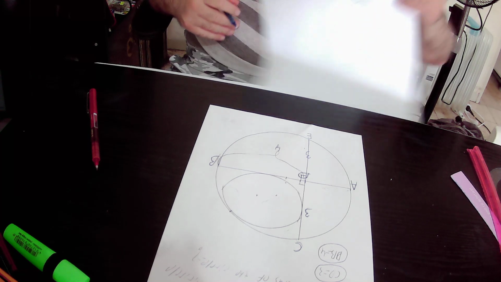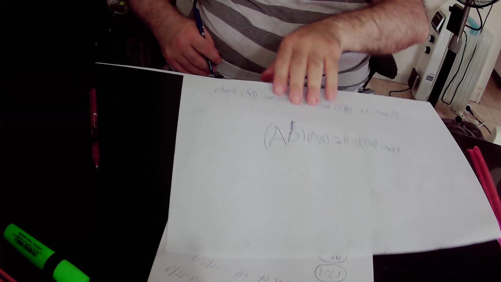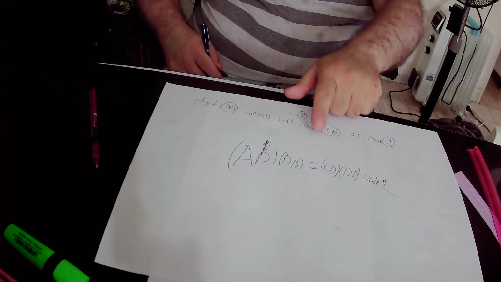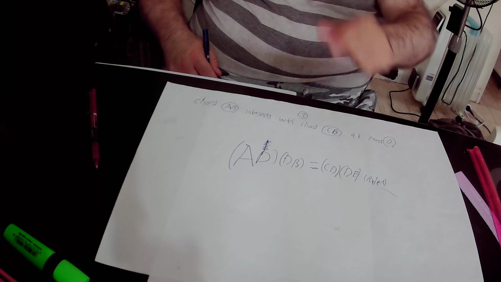I repeat again. According to rule number 1, AD times DB equals to CD times DE.